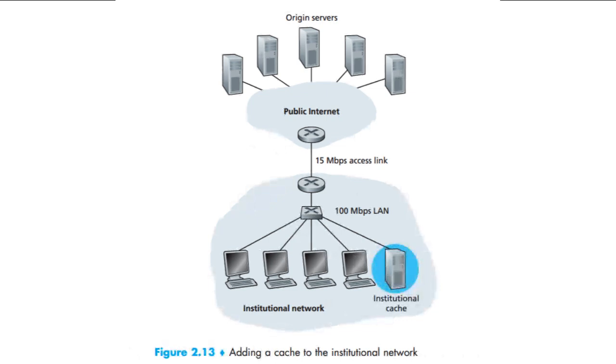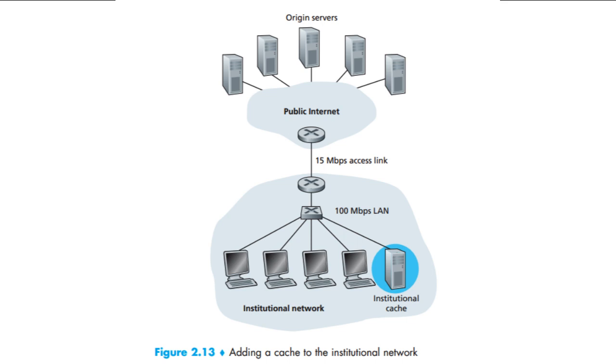Figure 2.13, adding a cache to the institutional network. Now consider the alternative solution of not upgrading the access link but instead installing a web cache in the institutional network. This solution is illustrated in figure 2.13. Hit rate, the fraction of requests that are satisfied by the caches, typically ranges from 0.2 to 0.7 in practice.